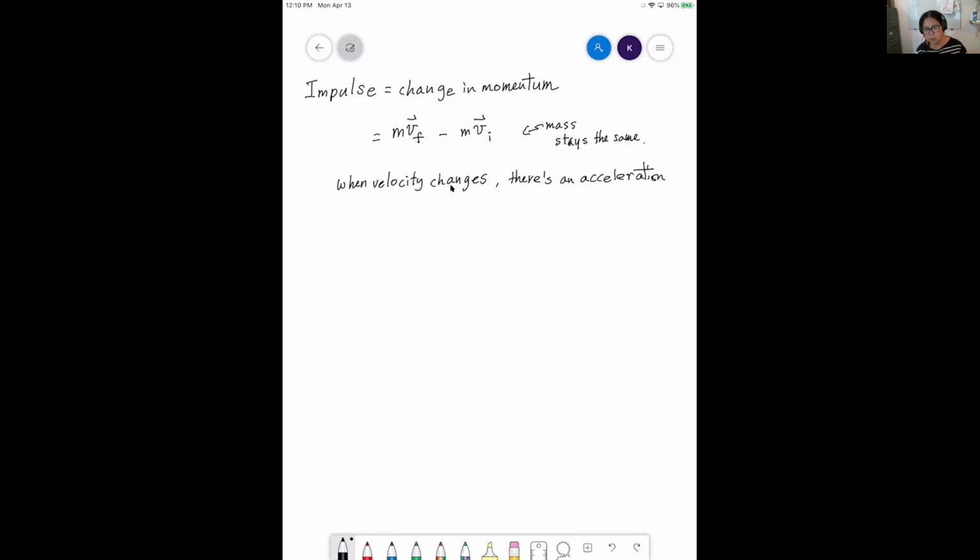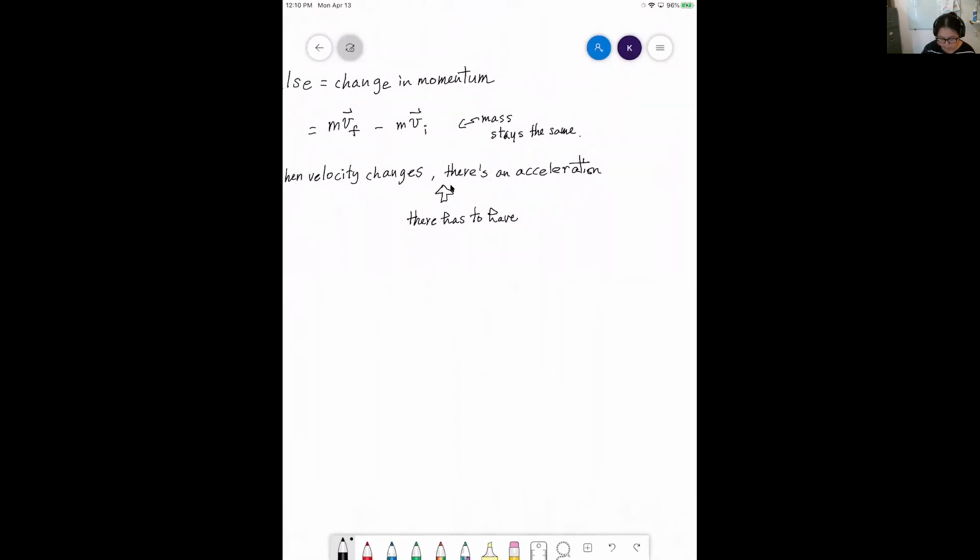When you have a non-zero impulse, you have acceleration, and that means there has to be a non-zero net force.